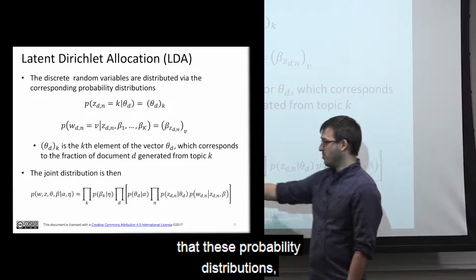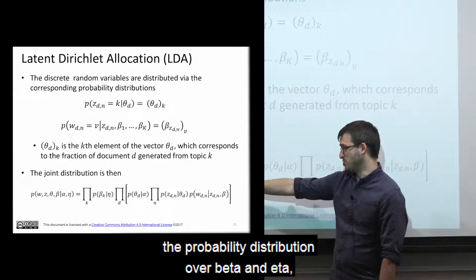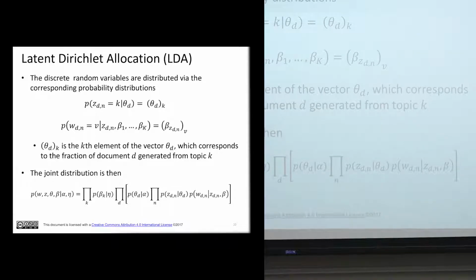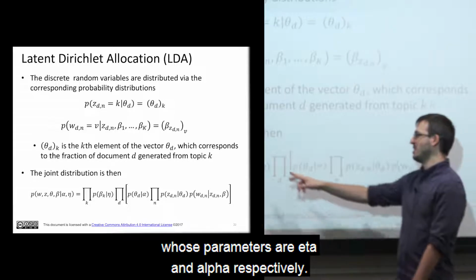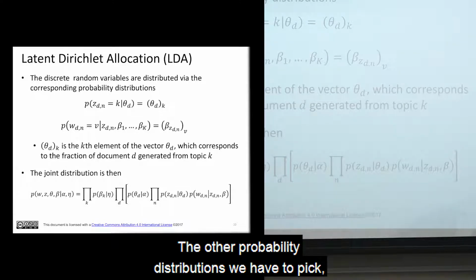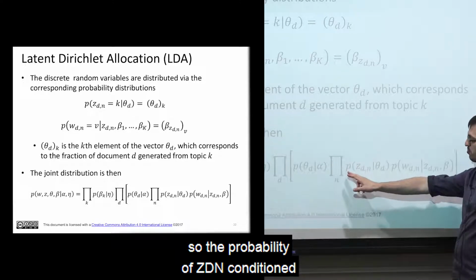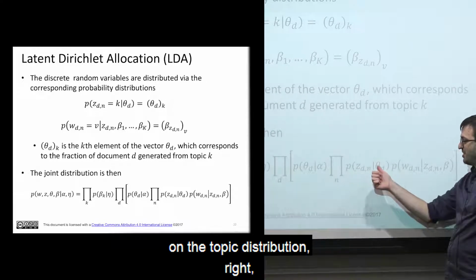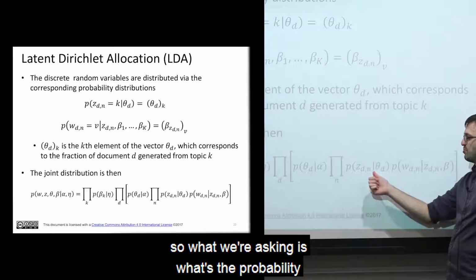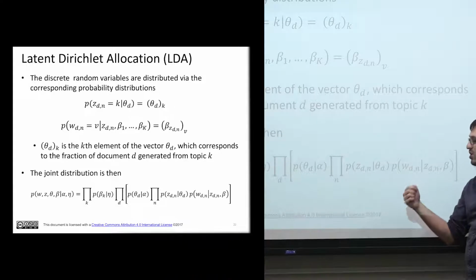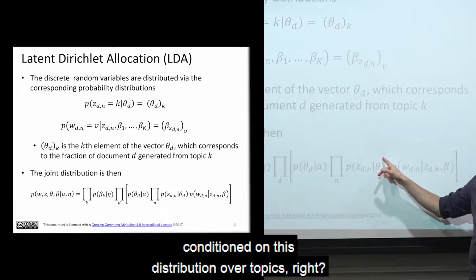From the previous slide, we just said that the probability distributions over beta and theta will be Dirichlet distributions, whose parameters are eta and alpha, respectively. The other probability distributions we have to pick. So the probability of z_dn conditioned on the topic distribution: what we're asking is, what's the probability that you pick a specific topic, let's say z_dn equals 1, conditioned on this distribution over topics?